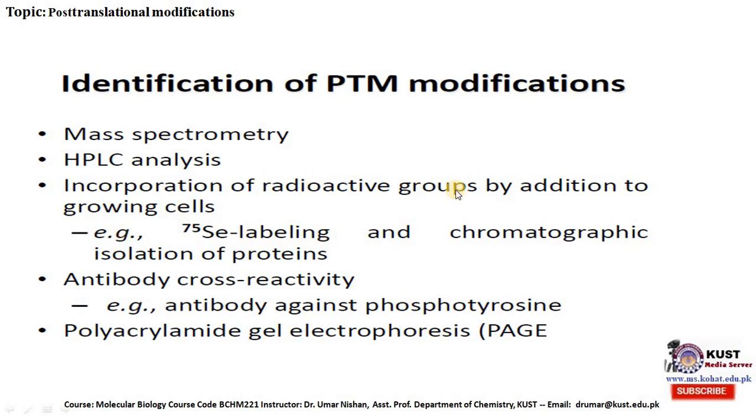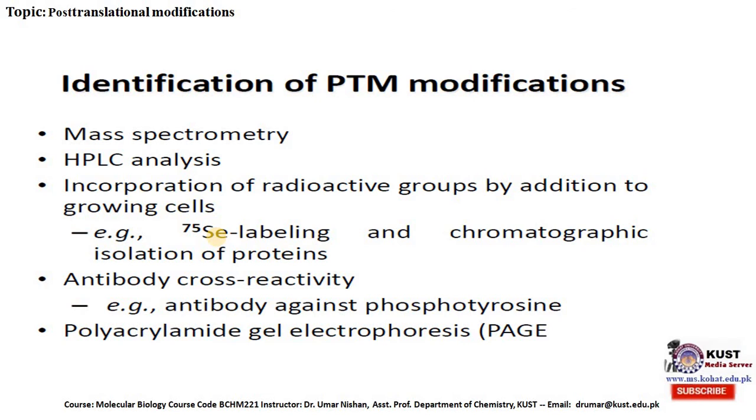Radioactive groups can be incorporated into growing cells, for example radioactive labeling and chromatographic isolation of proteins. They can give us an idea about post-translational modifications.